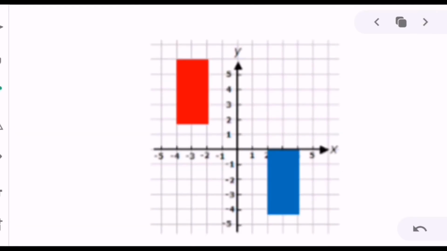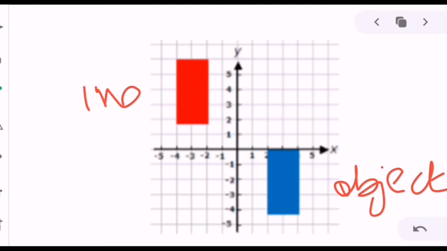Now, let us try and describe what happened here. From the blue object to the red image, what happened here? Let us take this to be our object and this to be our image. To check the translation or the movement that has occurred, we take each of the points and see what happened. Starting with this point here, that is our 0, right?